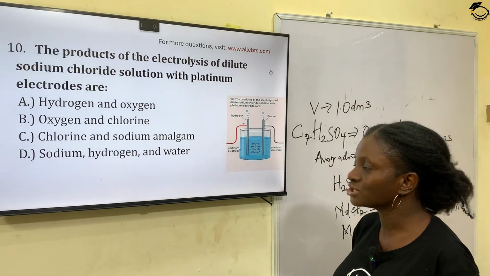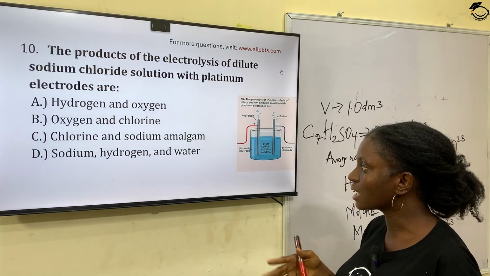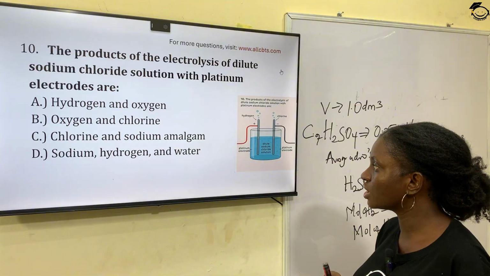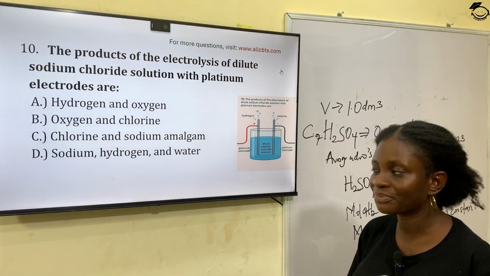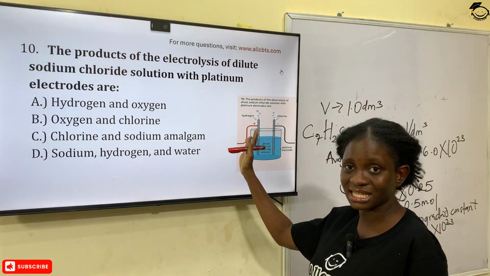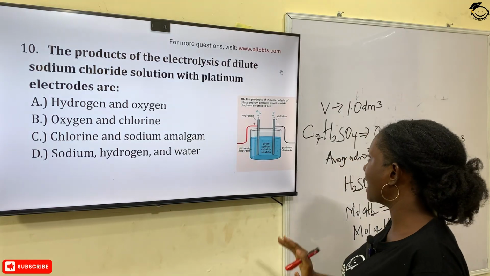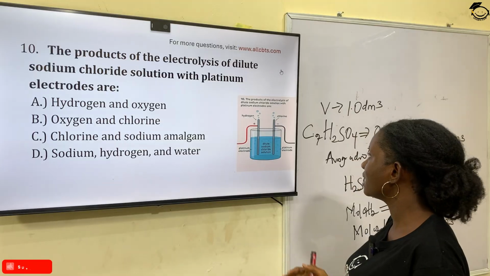Option A, hydrogen and oxygen. B, oxygen and chlorine. C, chlorine and sodium amalgam. D, sodium, hydrogen and water. The correct answer is hydrogen and oxygen.